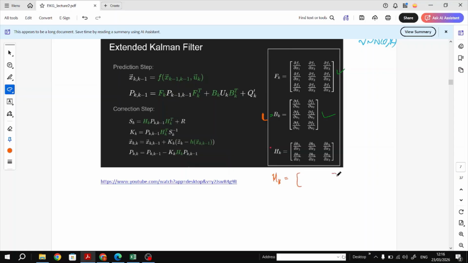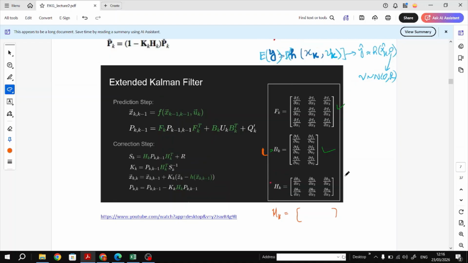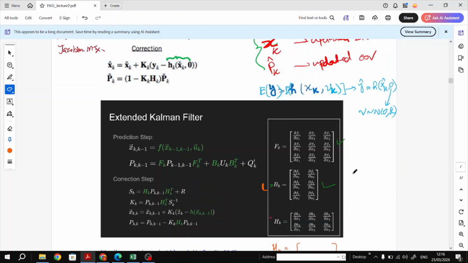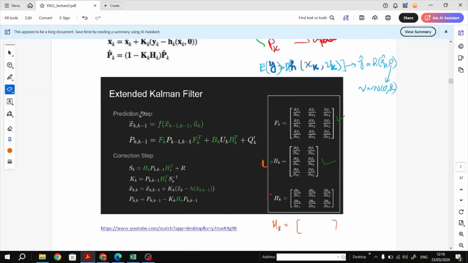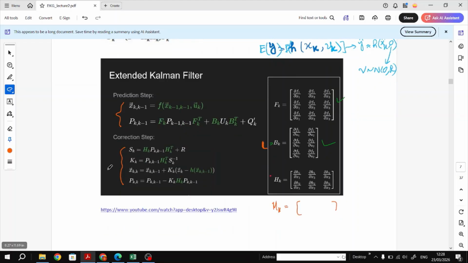Once we have calculated all these partial derivatives properly, we can plug them into the prediction step and the correction step, or measurement update step. Let me explain these 5 equations again in the context of EKF, as we call it for short.